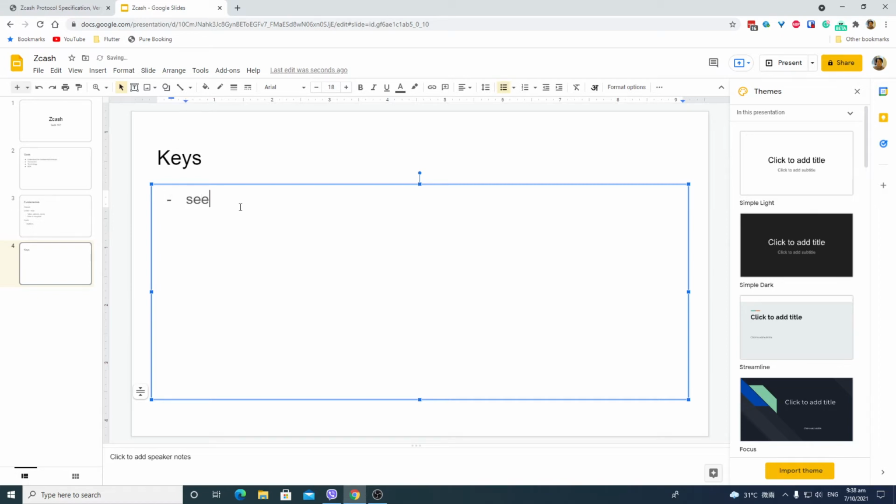We have a seed phrase, 24 words that were randomly generated and given to us, and we know that from that seed phrase we can basically do everything.